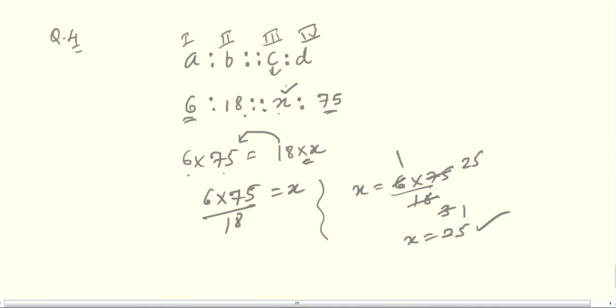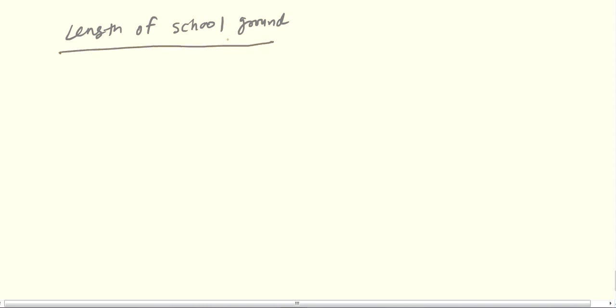Then question number 7. In question number 7, the ratio of length and the width. Length of school ground divided by width of school ground.